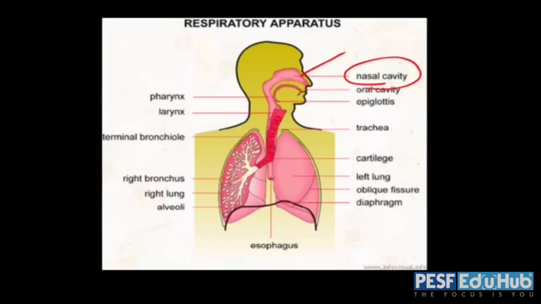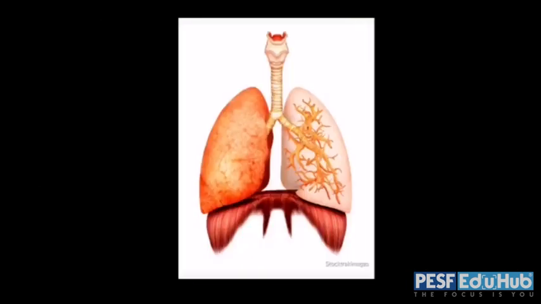First point, it starts from the nostril. Nostril leads to nasal cavity, nasal cavity leads to nasopharynx, pharynx leads to larynx, larynx leads to trachea. The trachea divides into two bronchi. Each bronchus divides into many bronchioles. Bronchioles end in sac-like structures called alveoli. See this, this is the structure of the lungs.